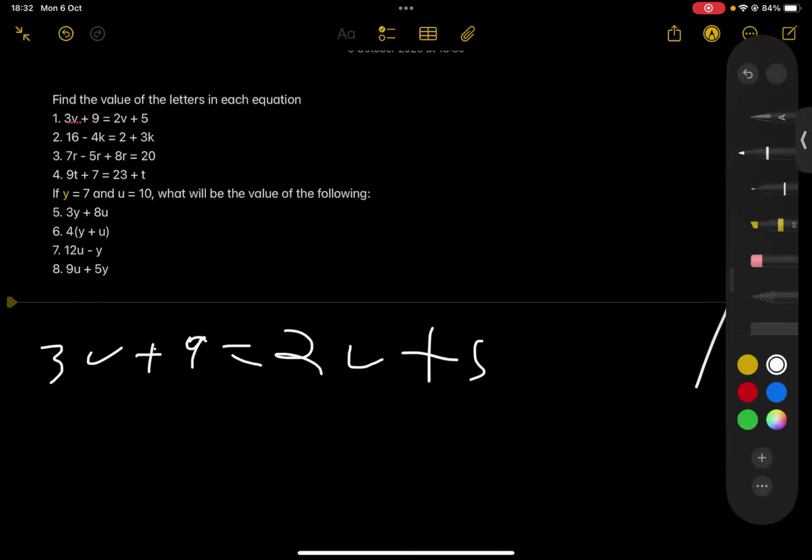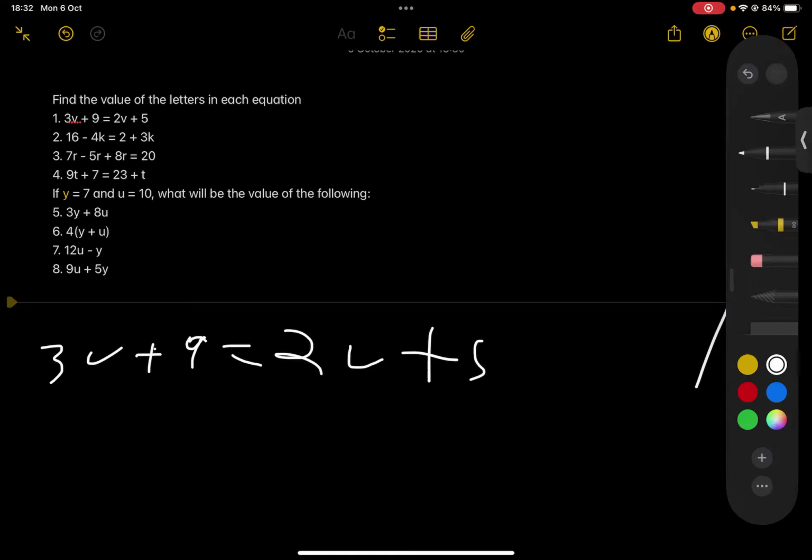Now, you might be wondering, why did we have to subtract? So let me quickly get my... I don't seem to be able to, okay. I'm trying to see if I can annotate on your screen.